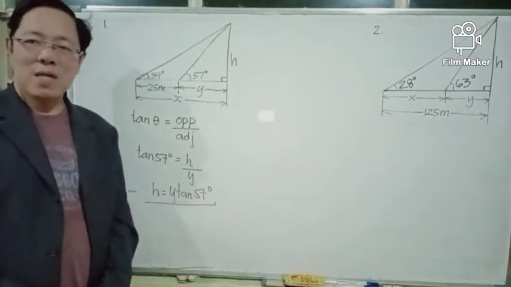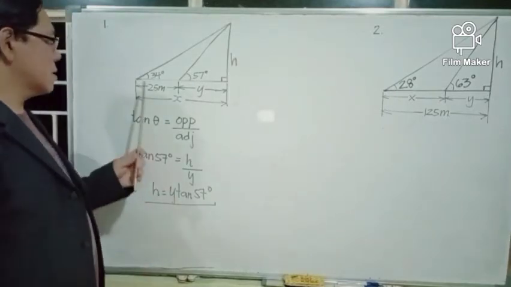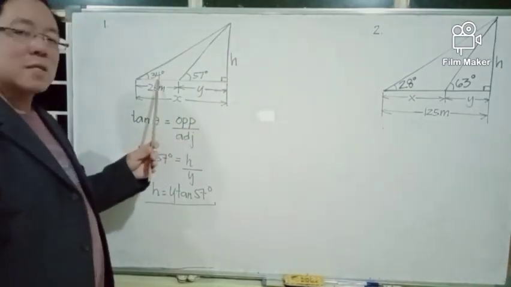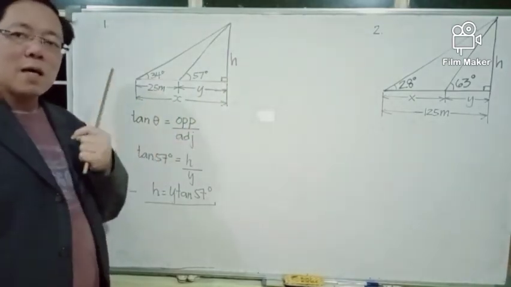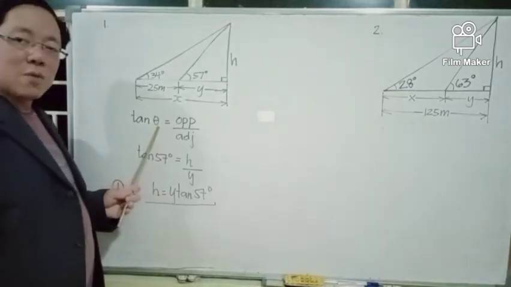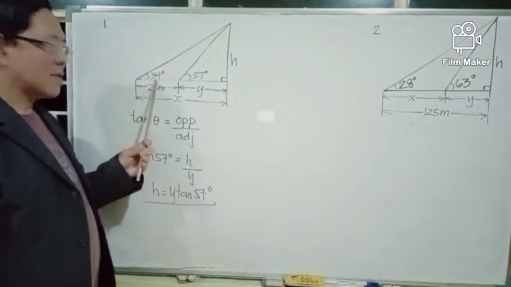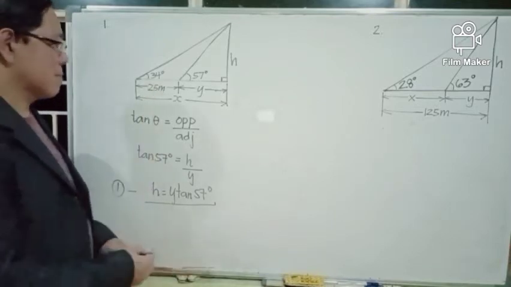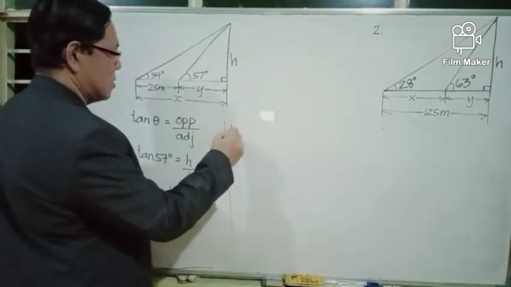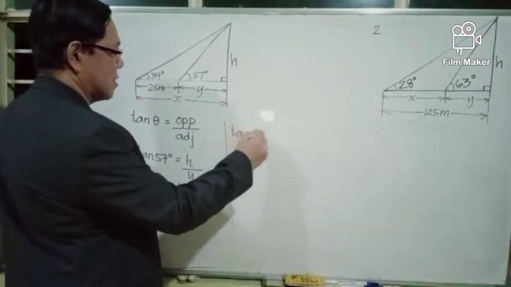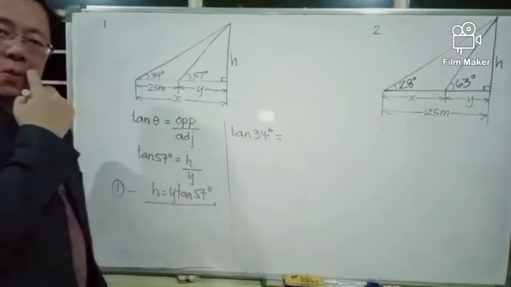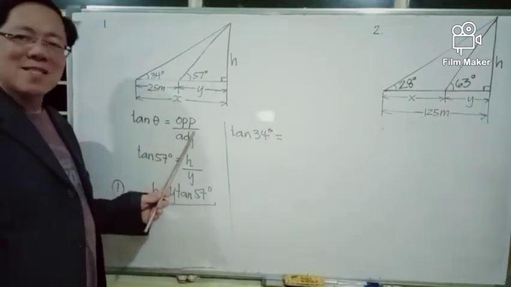Now we derive another equation using the bigger right triangle and acute angle 34 degrees, and using again the tangent function. We take theta now as 34 degrees. Tangent of 34 degrees is equal to opposite side.